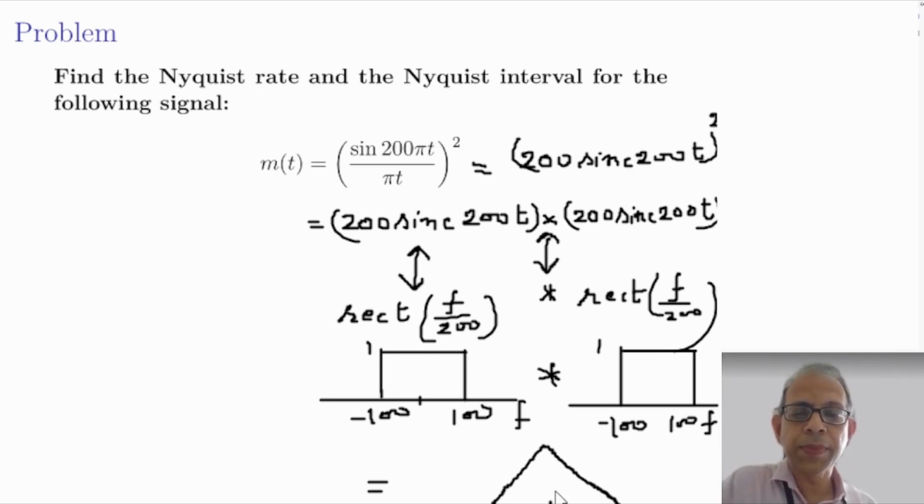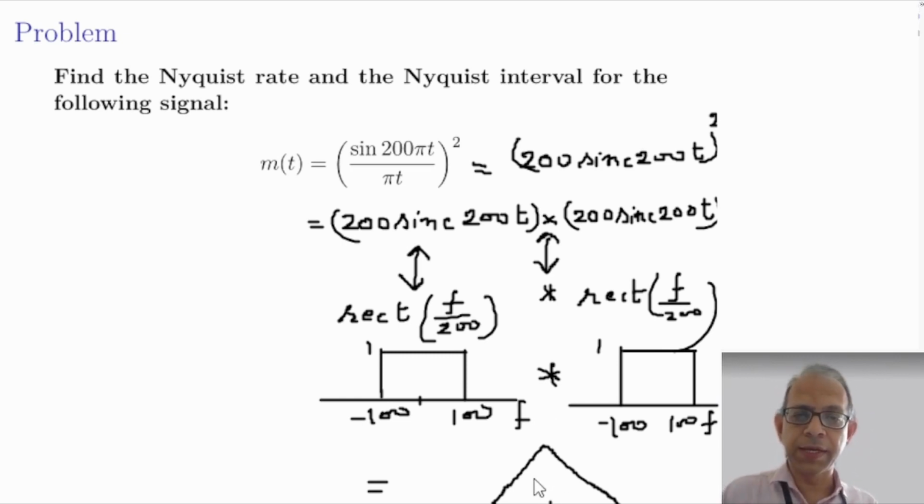Where the lower limit of this triangular pulse is equal to the sum of the lower limits of the supports, which is minus 100, minus 100, so minus 200. And similarly, the upper limit of this triangular pulse extends up to 100 plus 100, that is 200 hertz.